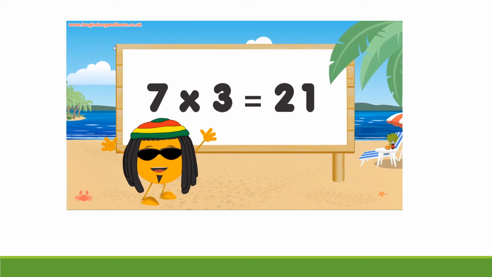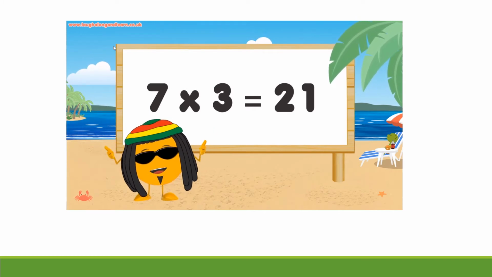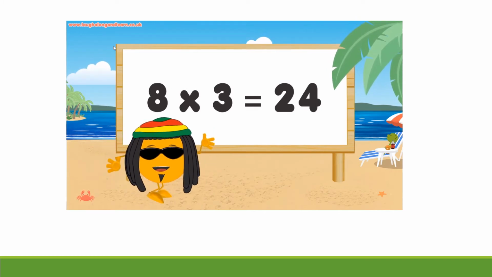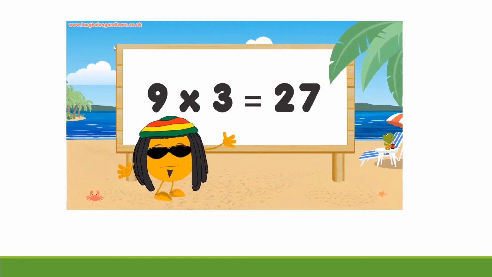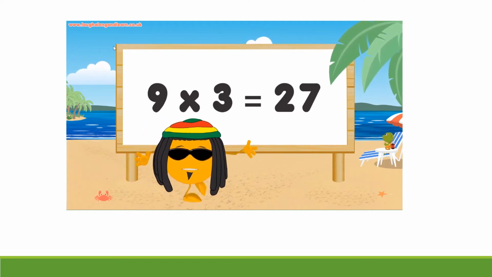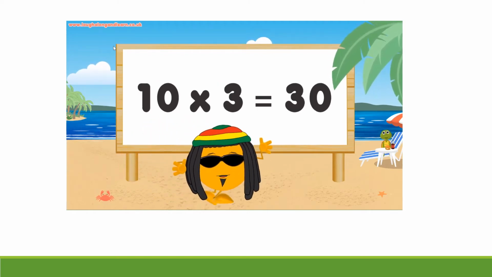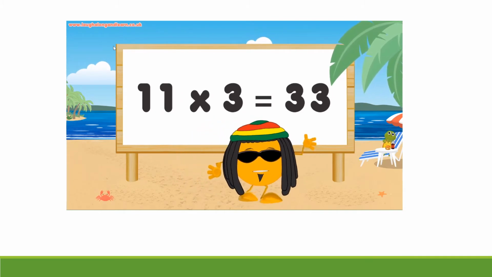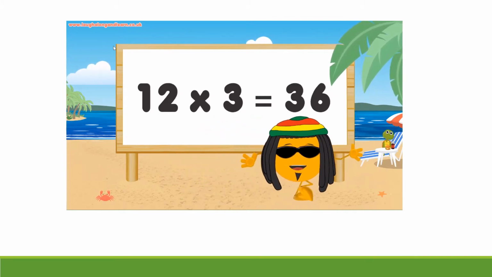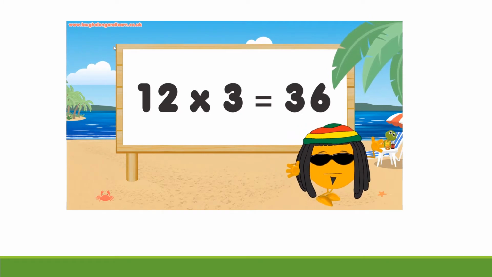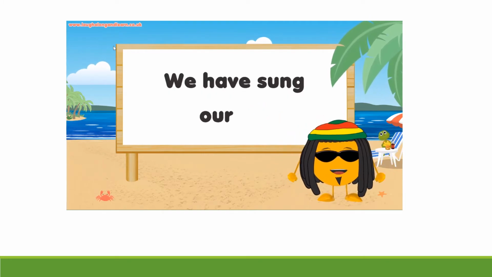7 3s are 21. 8 3s are 24. 9 3s are 27. 10 3s are 30. 11 3s are 33. 12 3s are 36. We have sung our 3s.